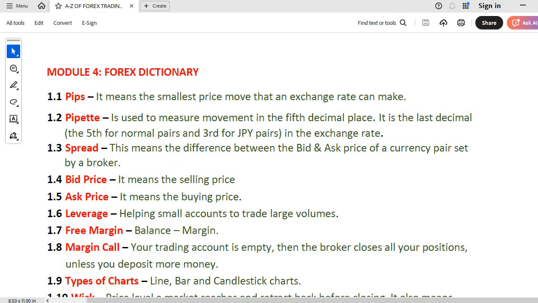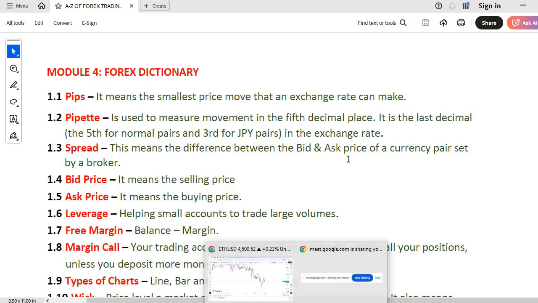So now when it comes to Forex, there are brokers that will give you leverage. If you deposit $100 now, a broker can give you a leverage in such a way that you can use that $100 to enter multiple trades on the chart. You understand?